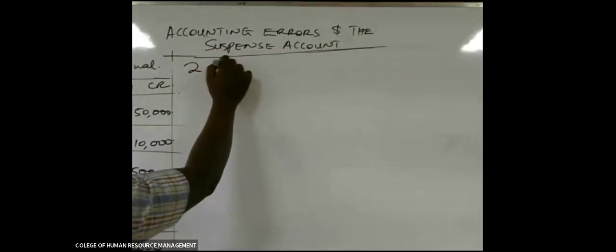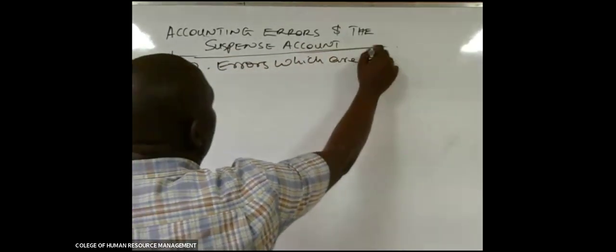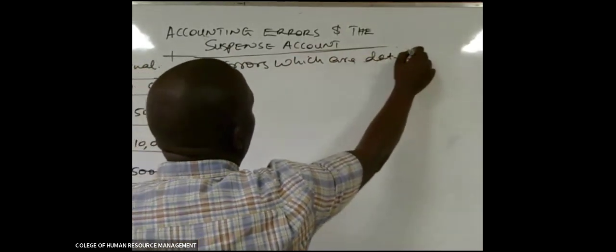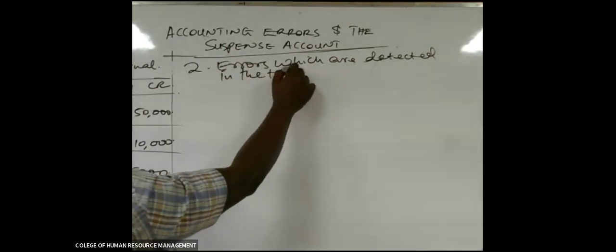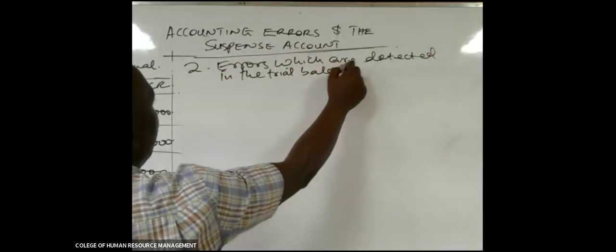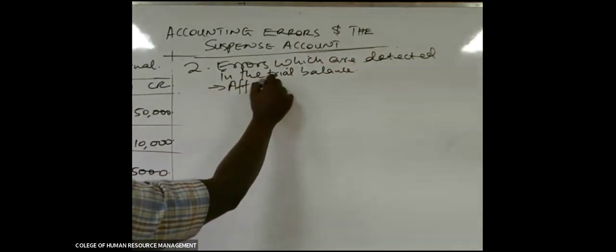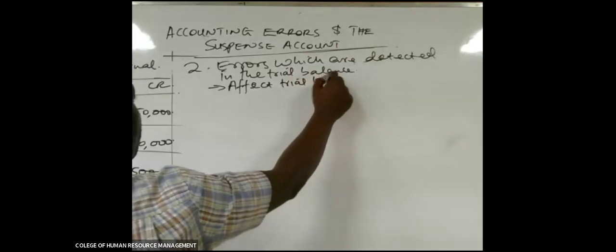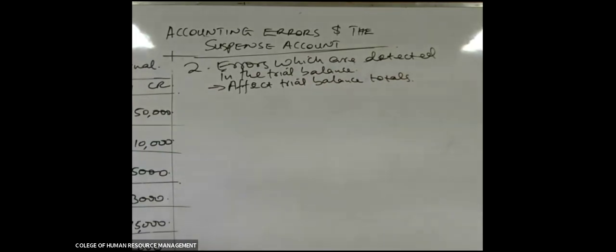Errors number two, these are the errors which are detected in the trial balance. They are also the ones that affect trial balance totals, meaning that once this error has been made, the totals of the trial balance will not be equal.